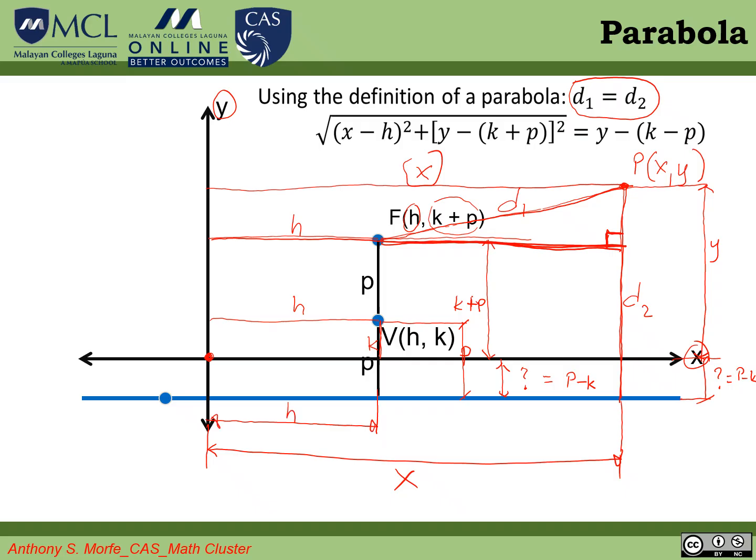This is h. So to solve for this distance, class, this is the side also of this triangle. They are just the same. So to solve this distance, we just subtract h from x. So this is x minus h. So this side of the triangle here is x minus h. Okay?